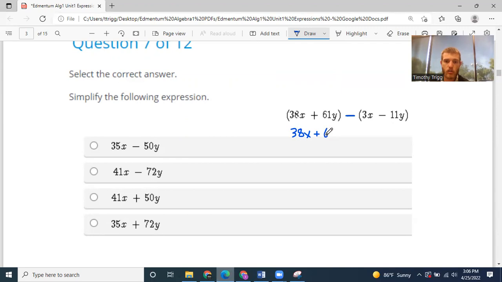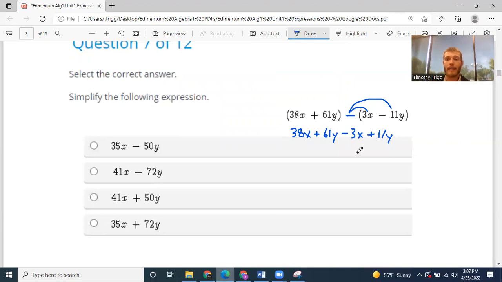The parentheses here is not really needed, so I'm just going to drop it. Here, though, this negative applies to both these. So negative 3x, it changes it to a negative, see? But when this negative goes to this one, that changes it to a positive. Remember, when two negatives apply to the same thing, that makes it positive.